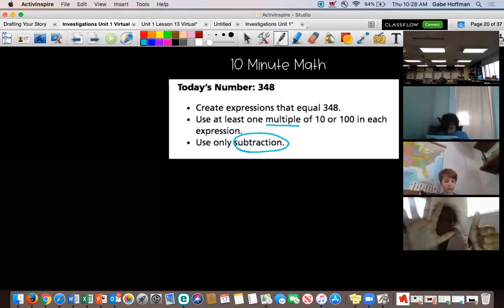It says create expressions. That means more than one. So if you made an expression, try to make a second one if you're done.